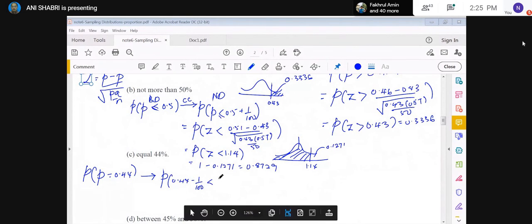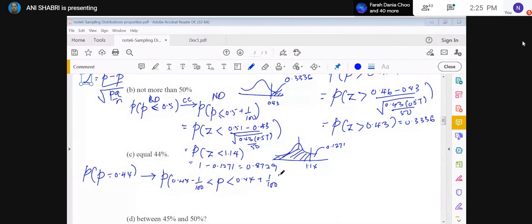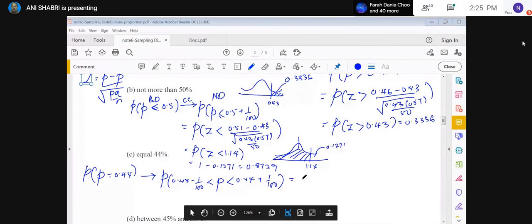This one is still P 0.44 plus 1 divided by 100. It is equal P 0.43, P 0.45.